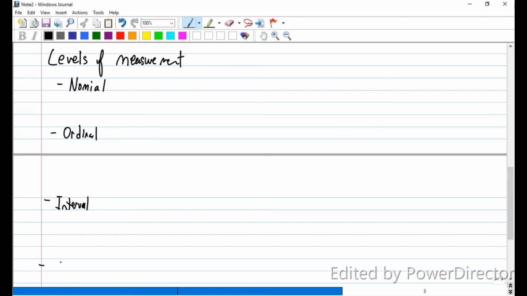And the ratio level. All right, in a way, these different levels of data are from least complex to most complex, the way that they're written down right now: nominal, ordinal, interval, and ratio.